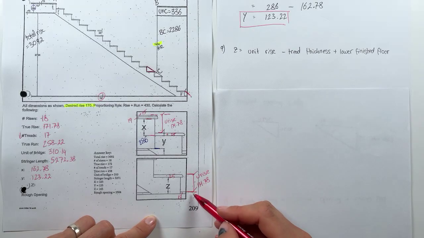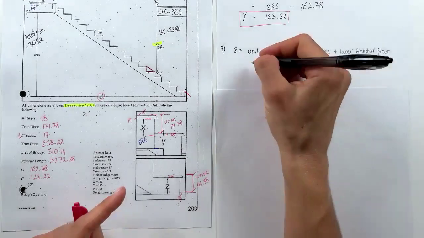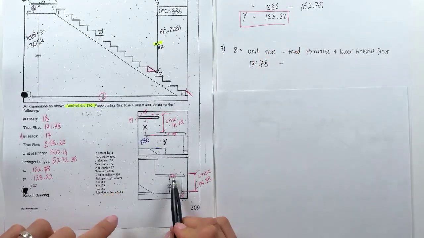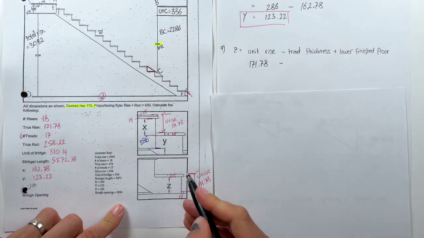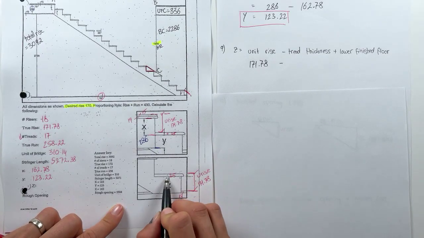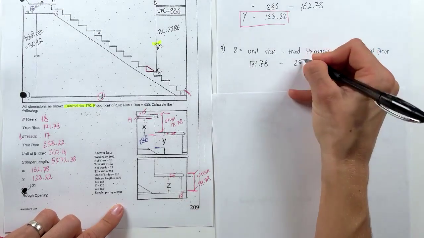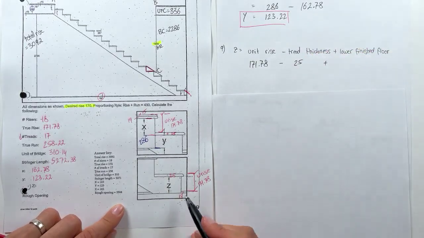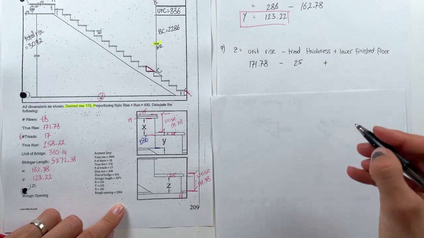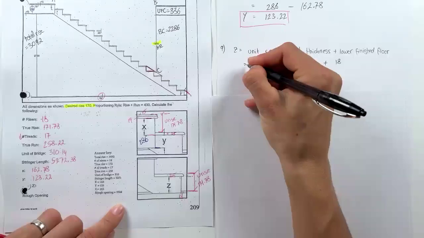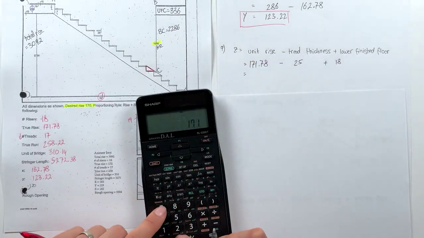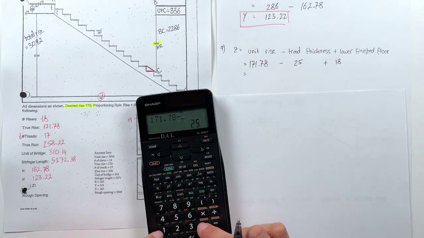If we start with our unit rise, 171.78, and we subtract our tread thickness, that gets us to where the Z arrow is pointing. So minus 25 for our tread thickness. And it goes to the underside of the floor, so we have to add the floor. Let's see what that comes out to. 171.78 minus 25 plus 18.